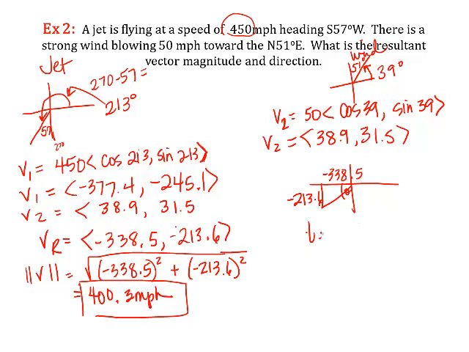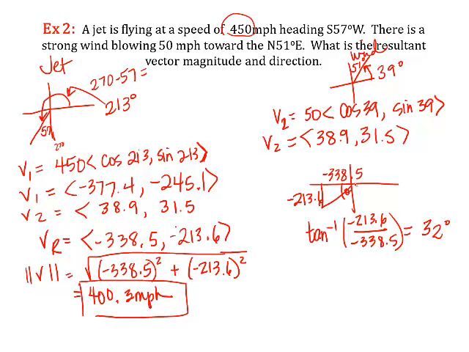So I need to do the inverse tangent of negative 213.6 over negative 338.5. That'll tell me what that angle is, right? So that gives me the angle of 32 degrees.